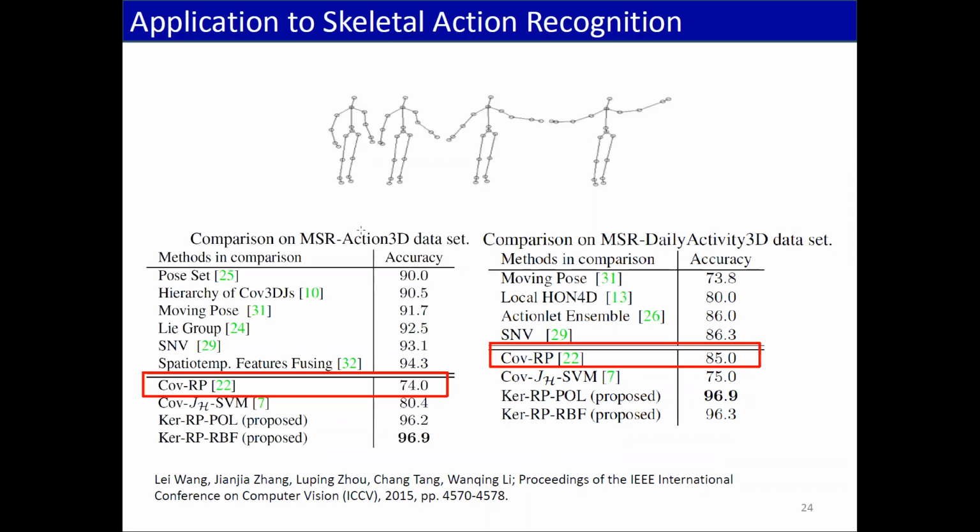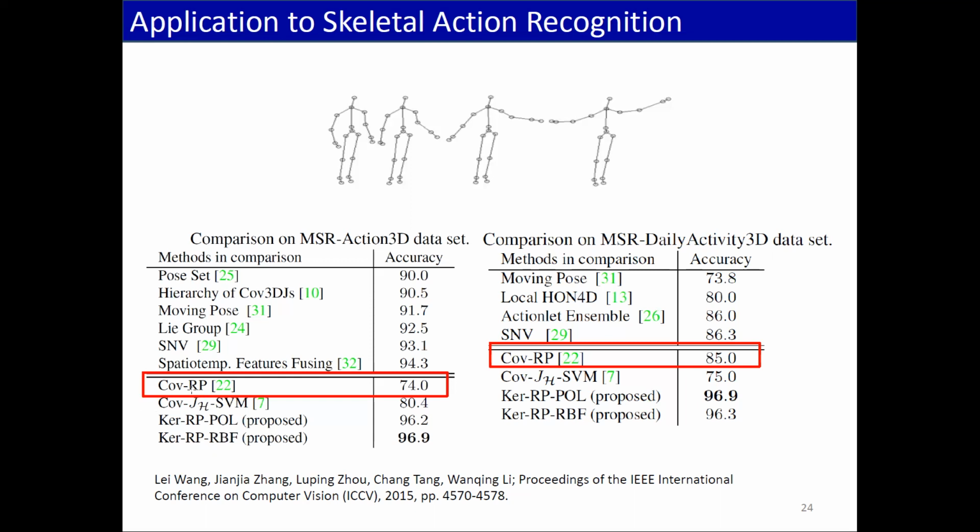We proposed this idea at ICCV 2015. At that time, deep learning-based methods had just started but were not very popular, so we tested this idea on traditional features. For example, for skeletal action recognition, we use joint features to represent the action. We can see clearly the advantage of using the kernel matrix to replace covariance.